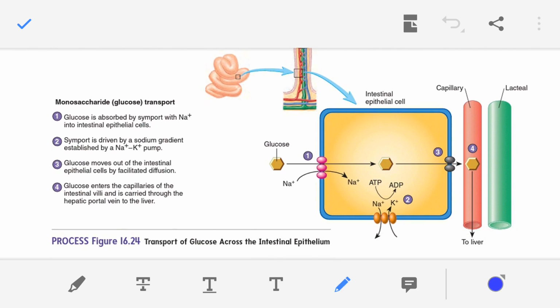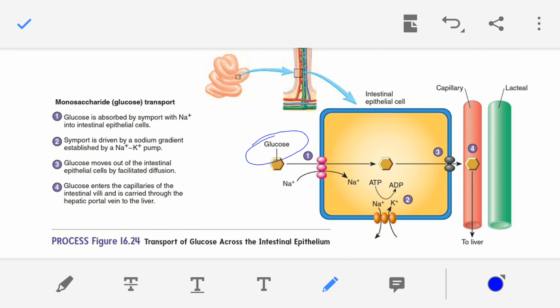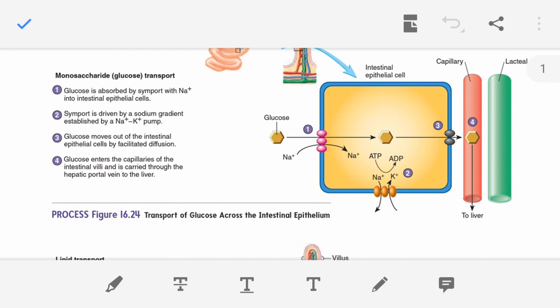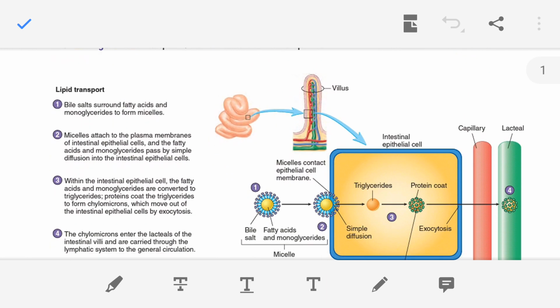Here you see the glucose from the lumen is absorbed, and now glucose is entering into the capillary. In the capillary there is blood, so we can say now the glucose is in the blood of the capillary. Now where is this glucose going? All the way we are tracking this molecule.